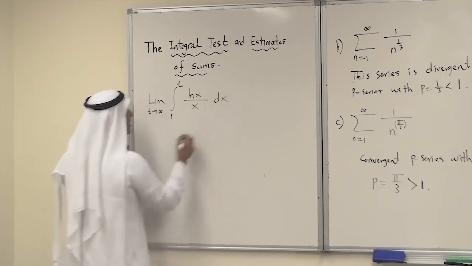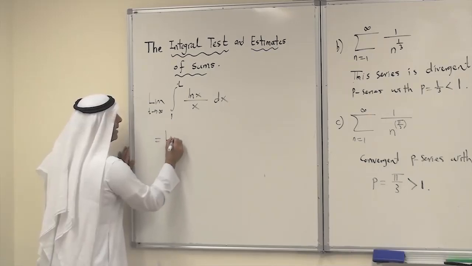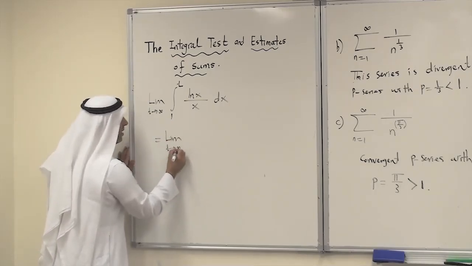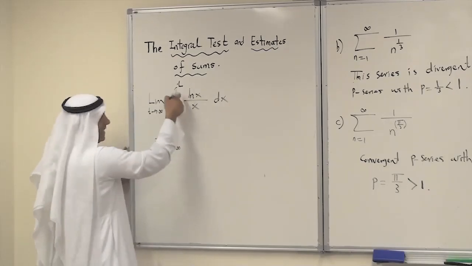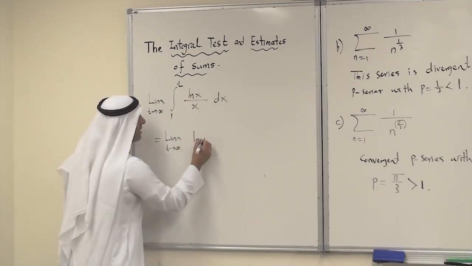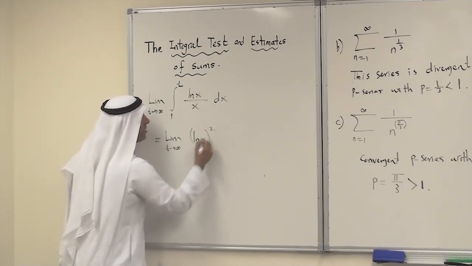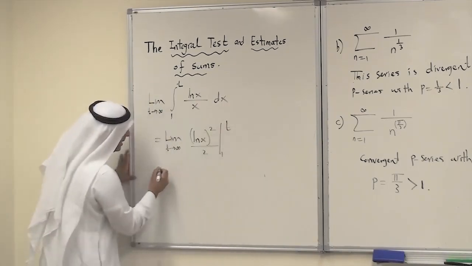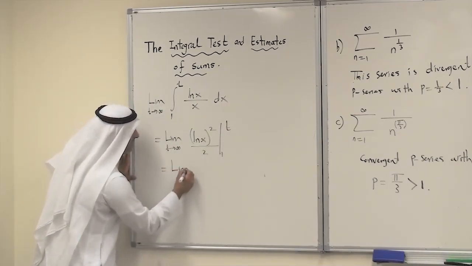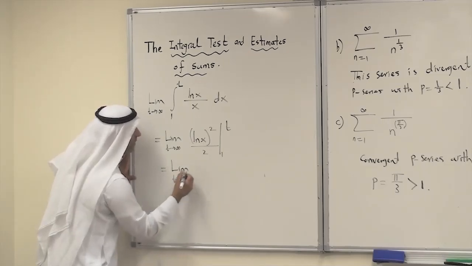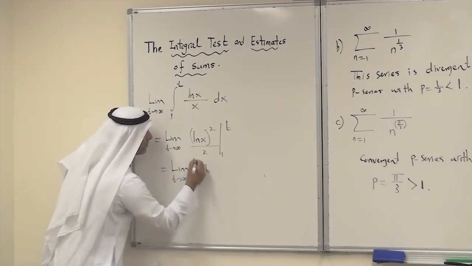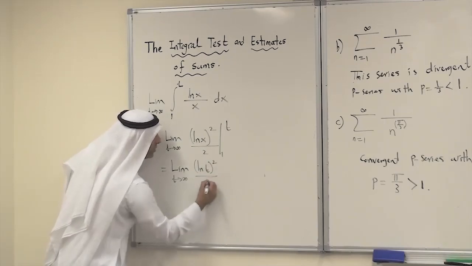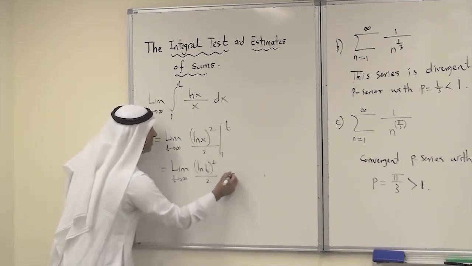Clearly, you have the function times its derivative, so that is just ln of x all squared divided by 2, evaluated from 1 to t. This is equal to the limit as t goes to infinity of ln of t all squared over 2, minus at 1, that's equal to 0.